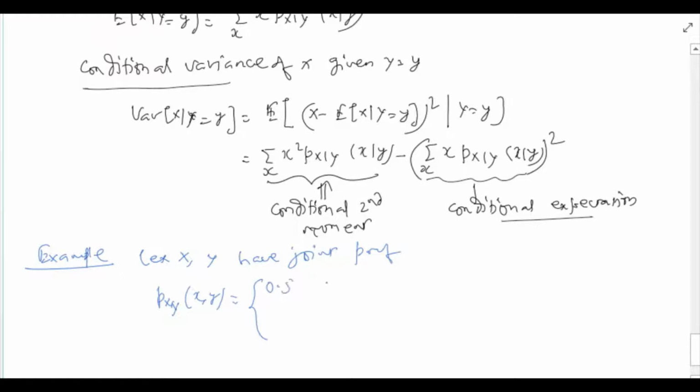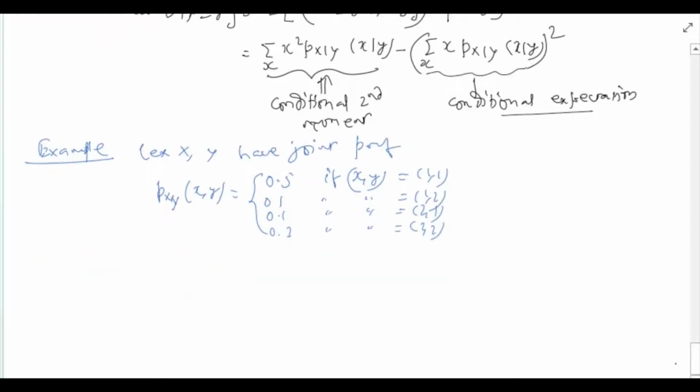It is 0.5 if (x,y) is (1,1), it is 0.1 if (x,y) is (1,2), it is 0.1 if (x,y) is (2,1), and it is 0.3 if (x,y) is (2,2). From the joint probability mass function, we can compute the marginal probability mass function of Y as follows. p_Y(1) will be the summation of p_{XY}(1,1) plus p_{XY}(2,1), and this turns out to be 0.6. Similarly, p_Y(2) will be 0.4.